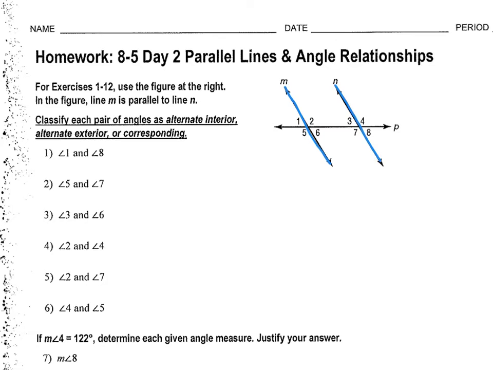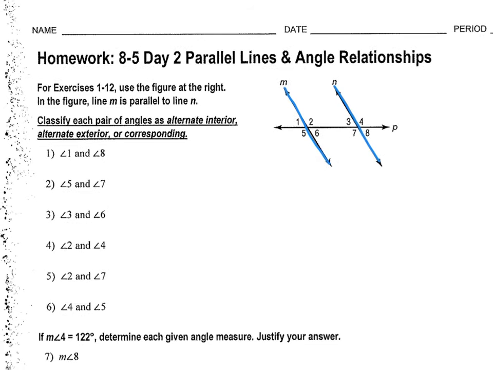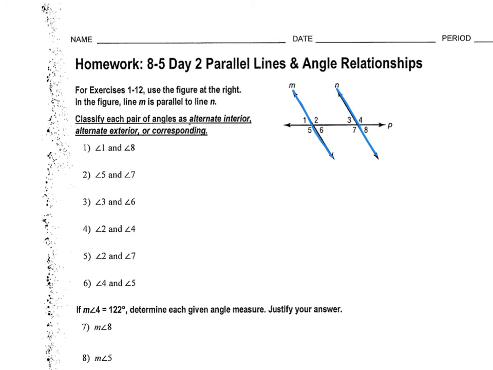And so now I'm going to define each one of these pairs of angles, 1 through 6, as either alternate interior, alternate exterior, or corresponding. Again, this line going through the center is called our transversal. So number 1 talks about angle 1 and angle 8.